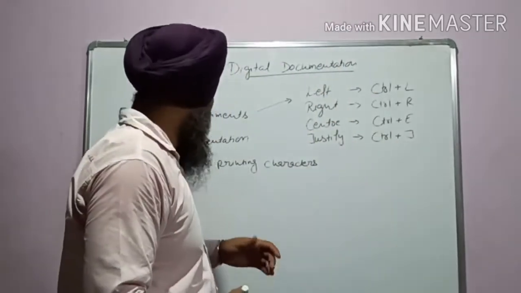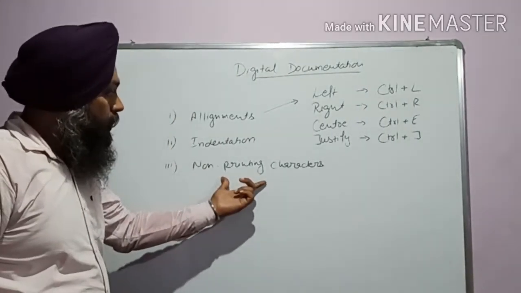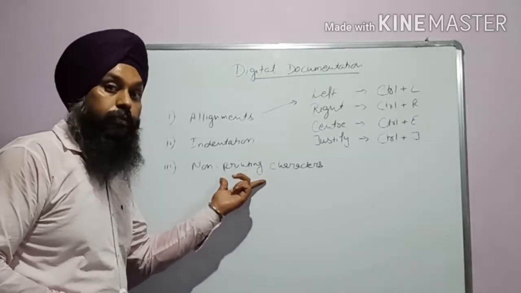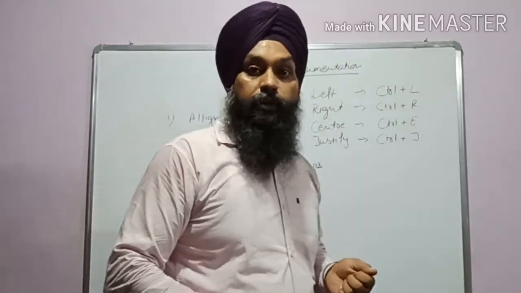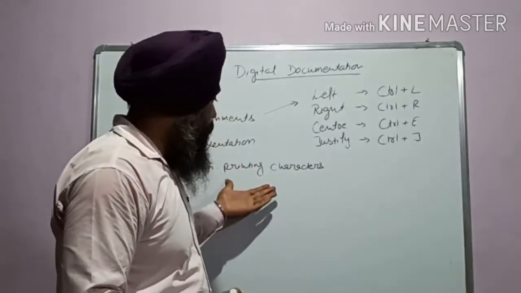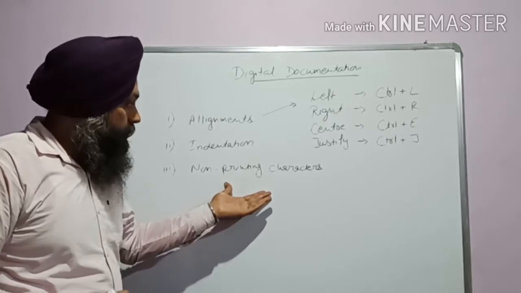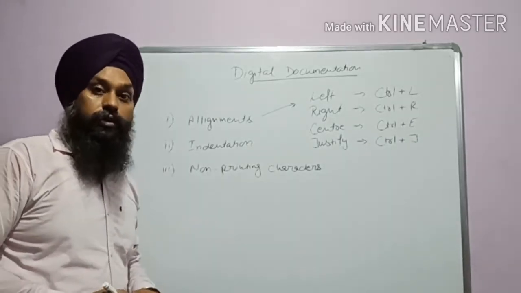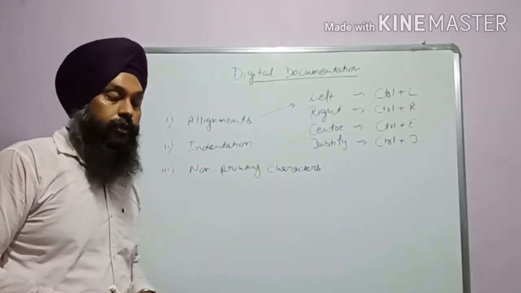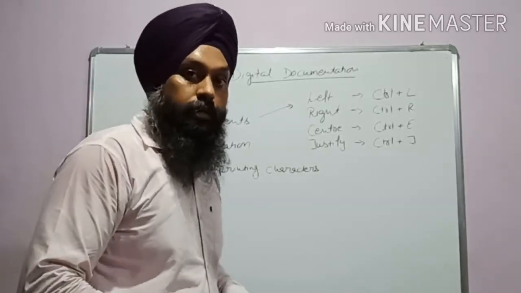Next we have non-printing characters. Non-printing characters are the characters which do not appear in the print when we take the print of the page. Usually these are characters like tabs, enters, backspaces. These characters do not appear in the printing, therefore they are known as non-printing characters.